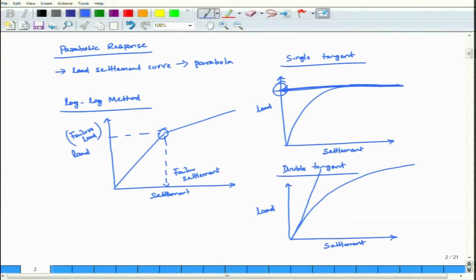You draw a tangent. At the final part also there is a straight line. You draw a tangent. Whatever intersection point you get, that is your ultimate load. And this is your failure settlement.